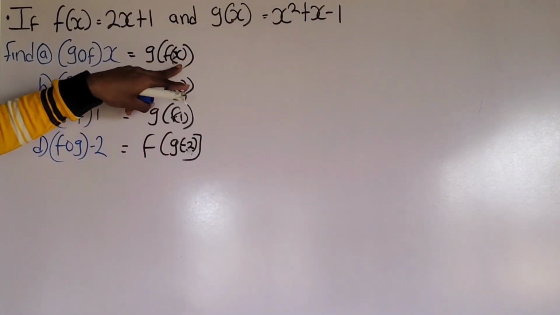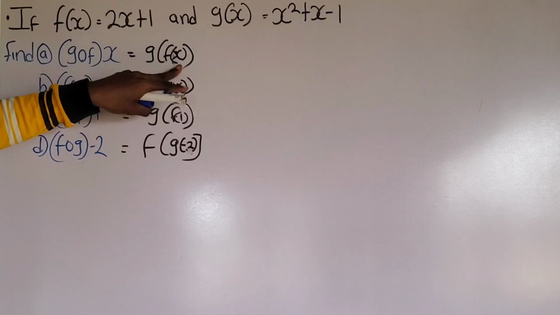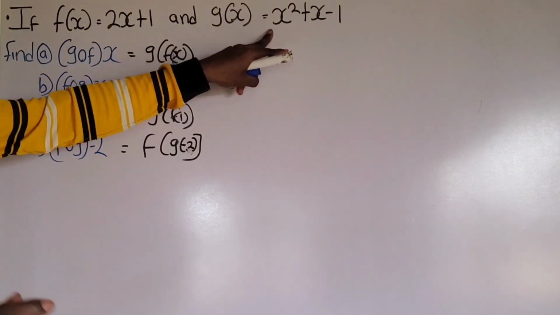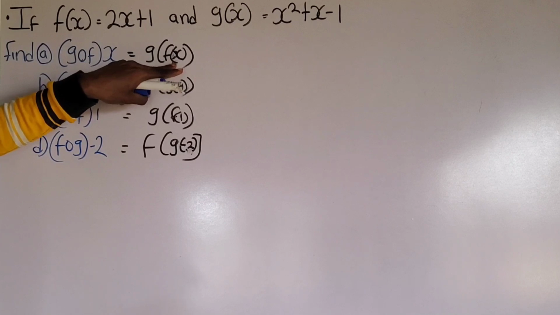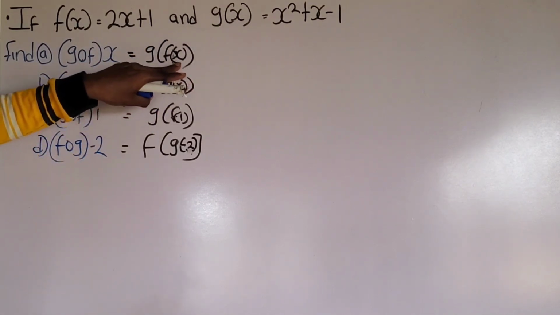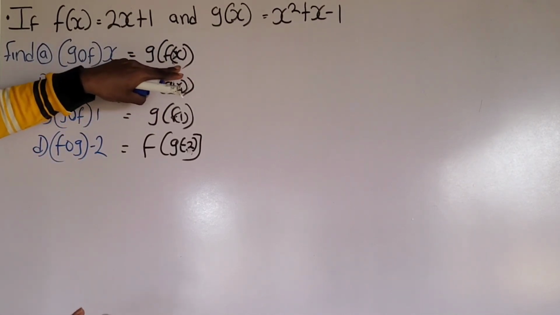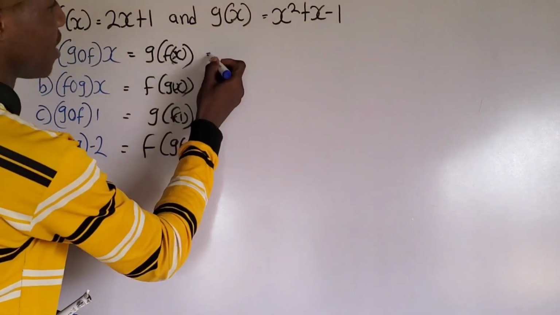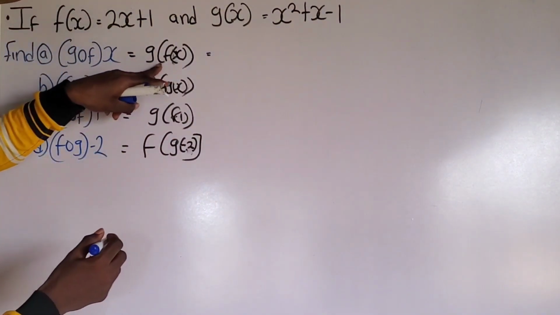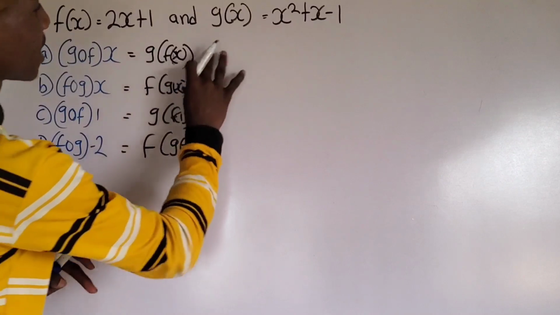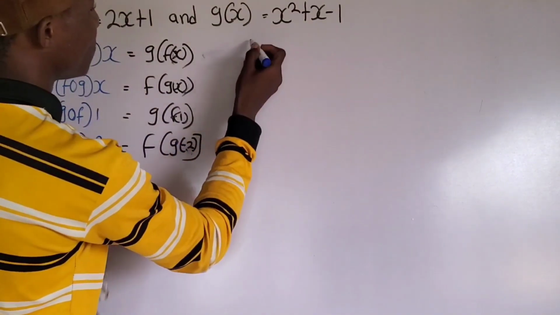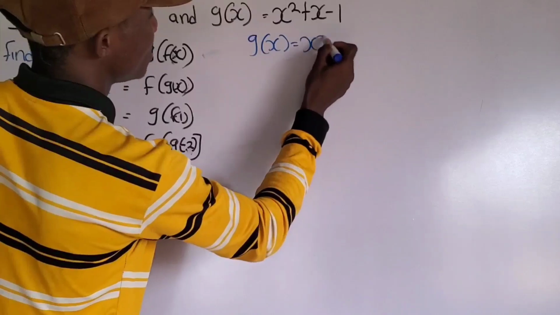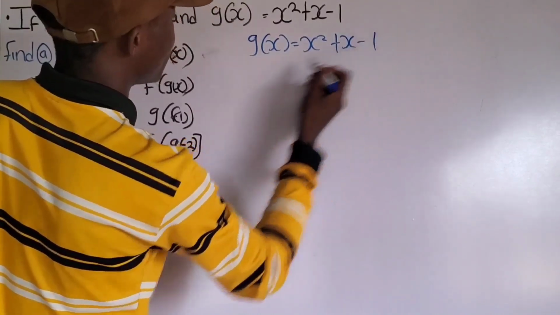Now g of f of x means that anywhere I see x in g of x, please pay attention, I'm going to substitute the value of x as f of x. Don't forget that g of x is x squared plus x minus 1.